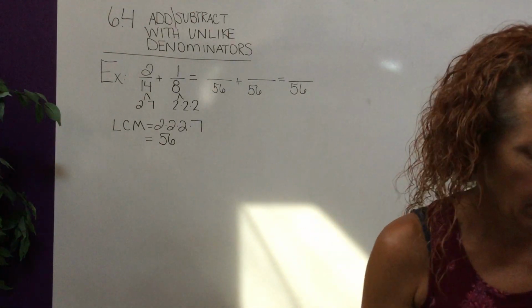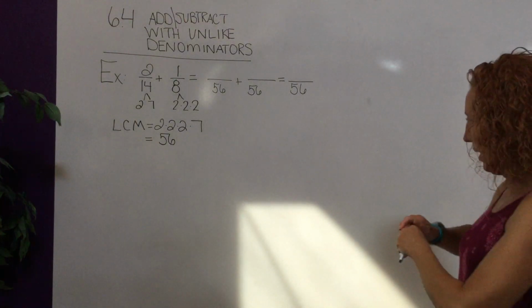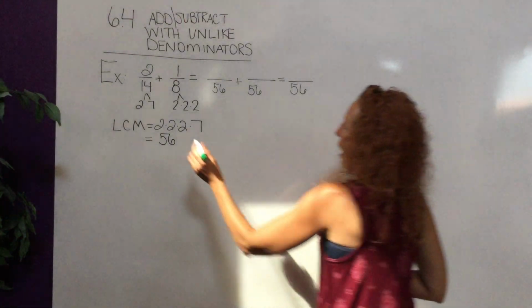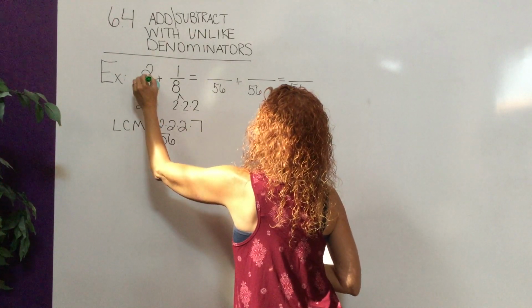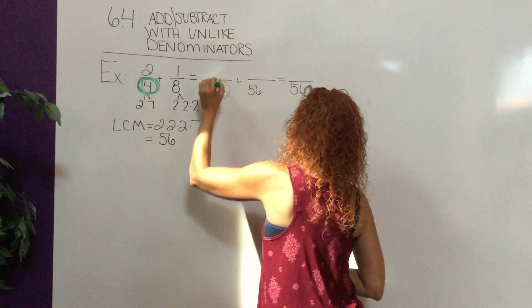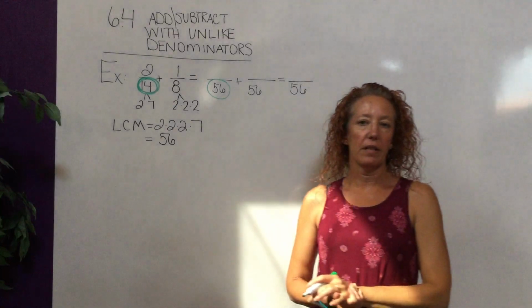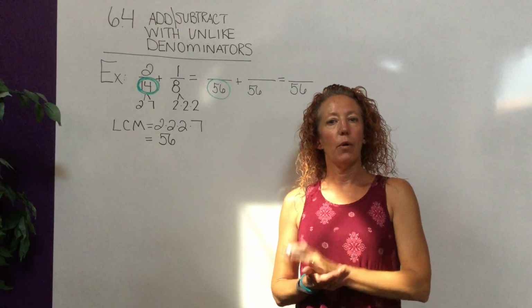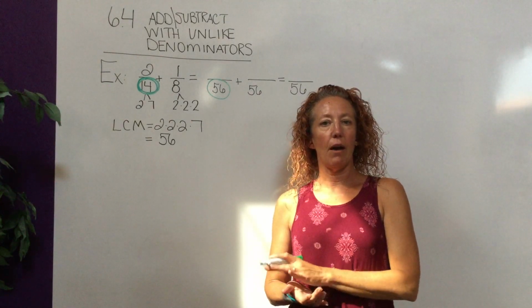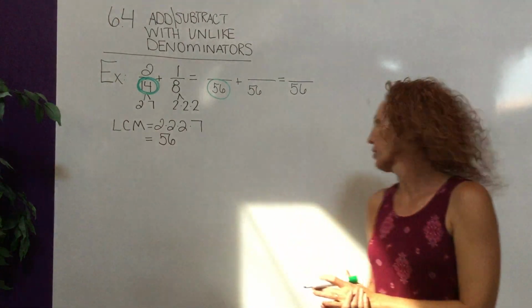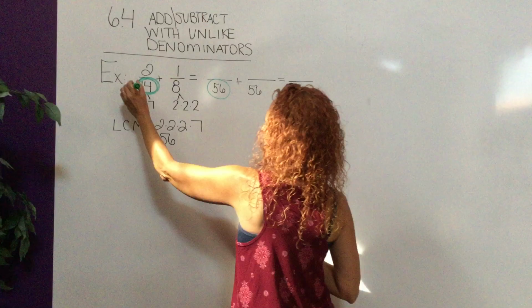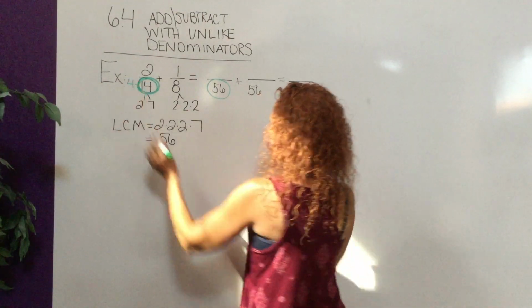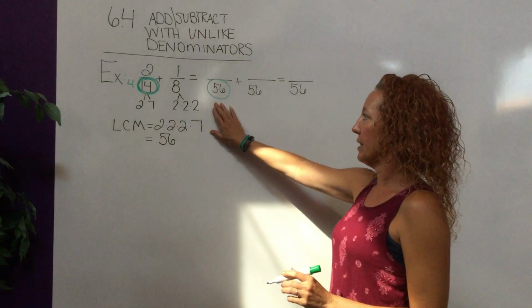Now we're going to do something where we compare. What do I have to multiply this 14 by to come up with the number 56? Or 14 goes into 56 how many times? What is that multiplier? The answer in this case is 4. So I need to multiply the bottom by 4 to get 56.